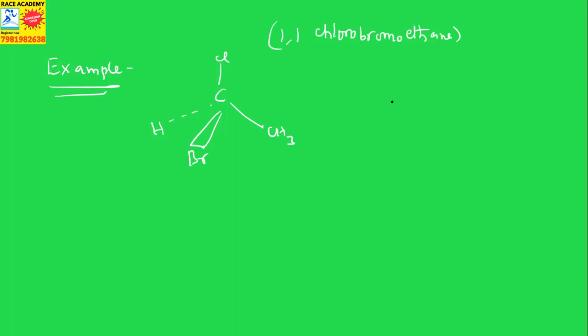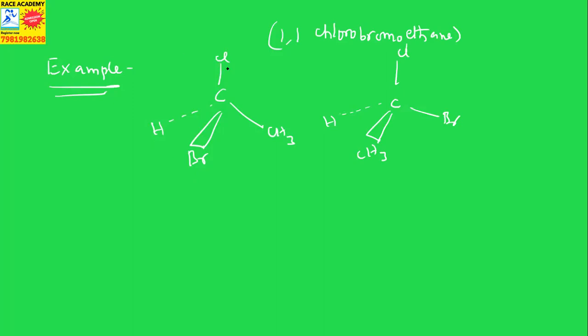This can also be written like this, chlorine, and here I am writing bromine, here I am writing CH3, and this one I am writing hydrogen. So if you start putting the numbers, the atomic number of bromine is 35, carbon is 6, chlorine is 17.